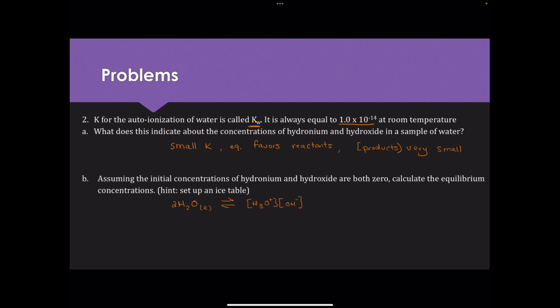So we're calculating equilibrium concentrations. This is how we know to set up an ice table. Anytime we're calculating equilibrium concentrations, we need an ice table. So we're going to set up our rows I, C, and E. Now, because water is a liquid, it doesn't matter how much of it we start with. And my products, we know, are initially 0.